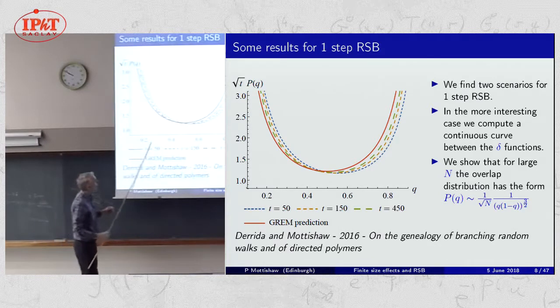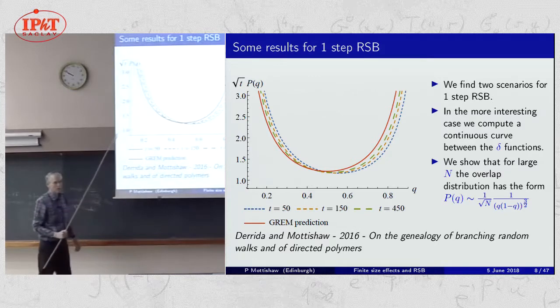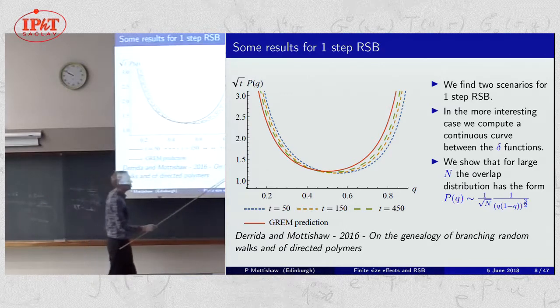This shows increasing size of the tree, and then the thick line is an analytic prediction of what happens in the thermodynamic limit.